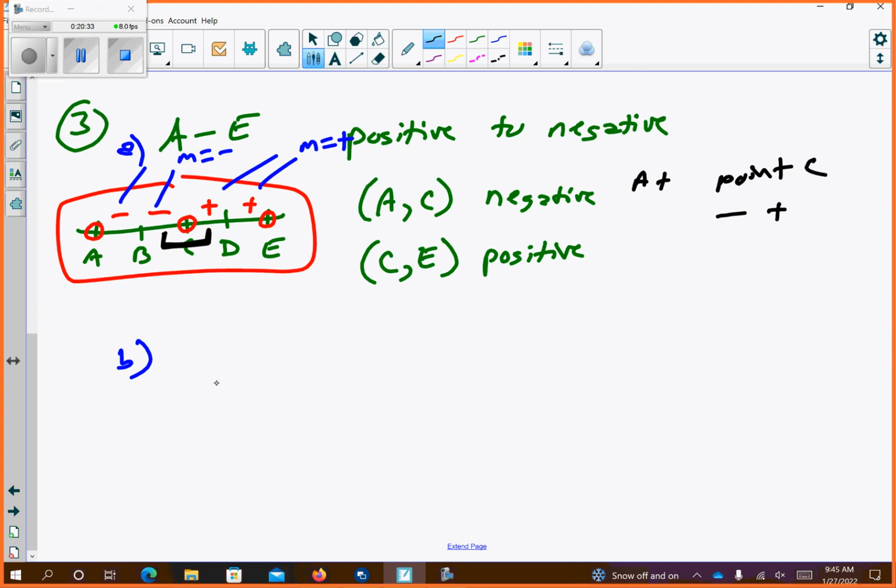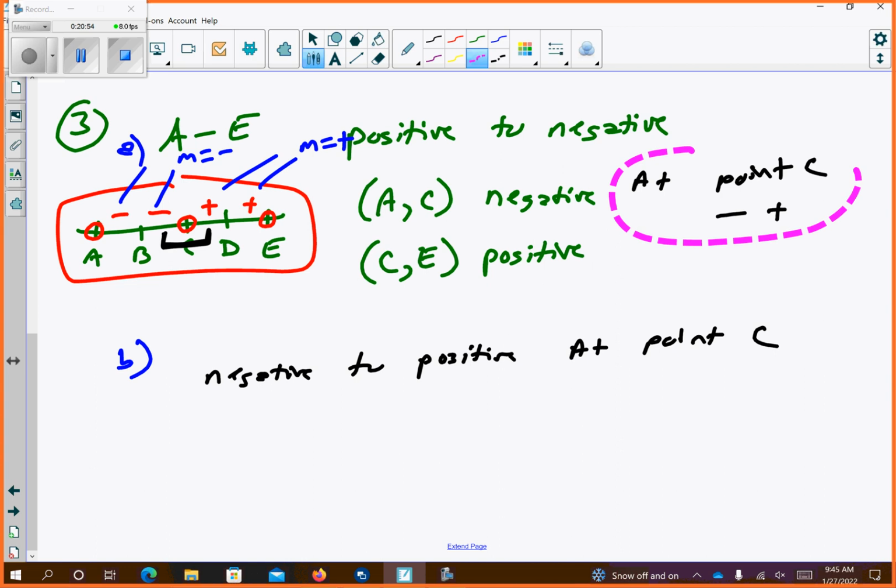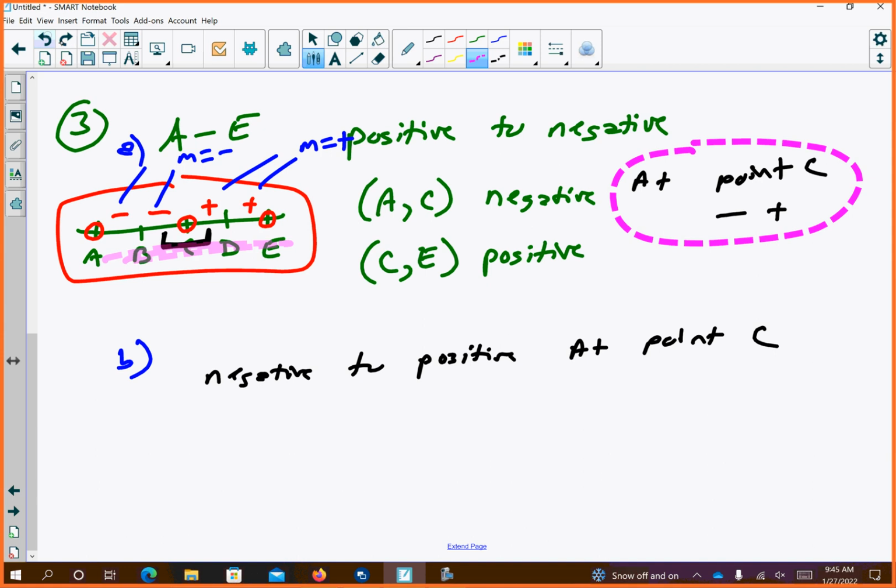And then where does it change from negative to positive? Again, if you looked at our sign line, it's just at point C. I guess theoretically we could say this doesn't exist on this. Okay?